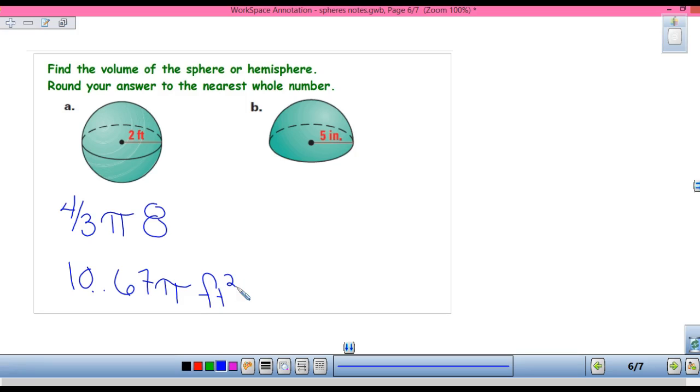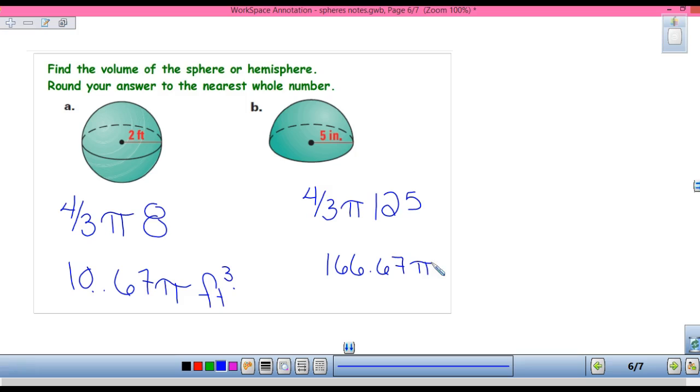Okay, so now it's 4/3 times pi times 5, your radius cubed. But it's 4/3 times pi first, times what's your 5 cubed? Oh, here you mean. Yes, sorry, I screwed that up. You are correct. So 4/3 of 125? 166.67 pi.